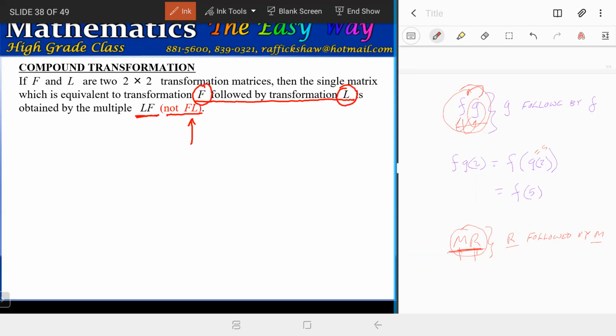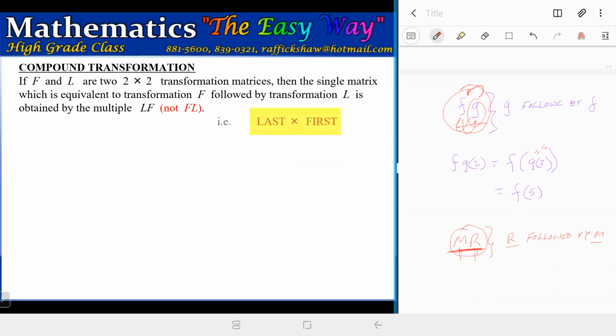F first, L second is L times F. The last one multiplied by the first one. Pay attention to the details. All right, let's continue. That is last multiplied by first.